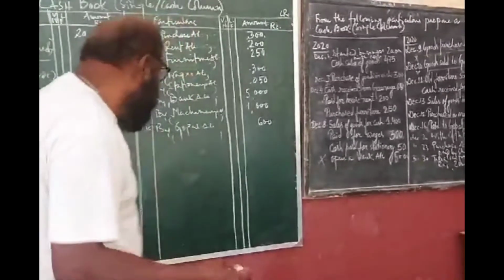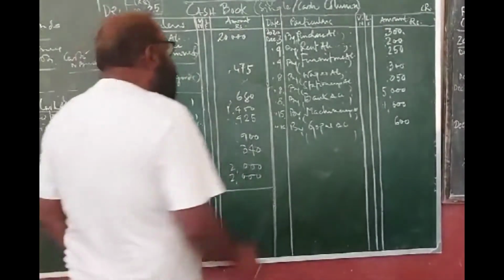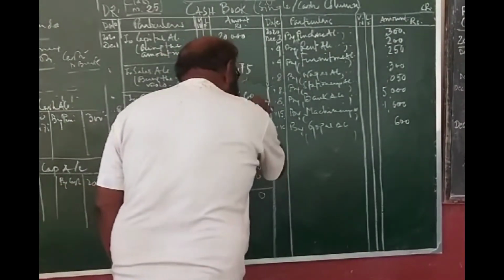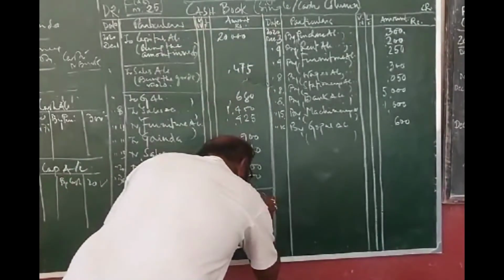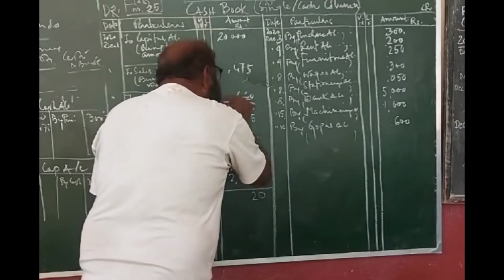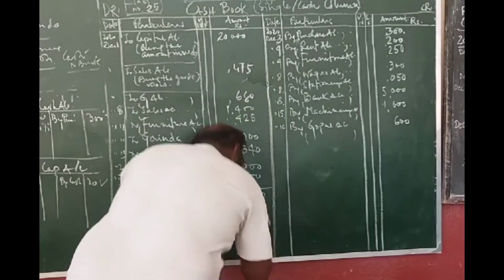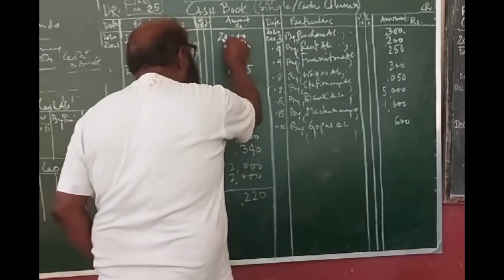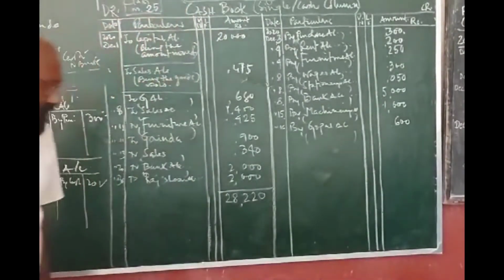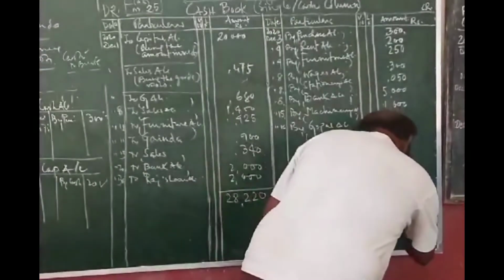Now we have recorded all the transactions in the journal. Then comes the question of totaling. Now you total it. How much is it?